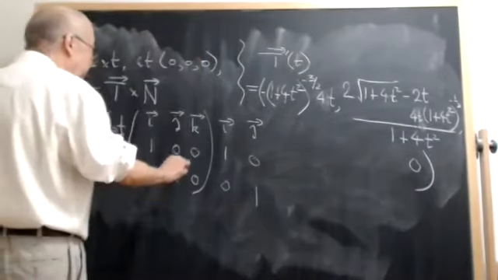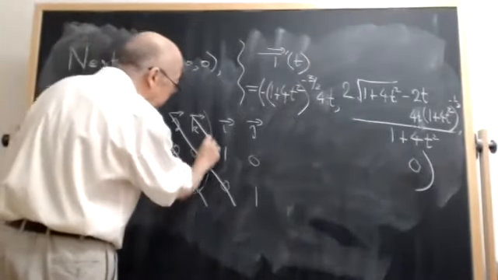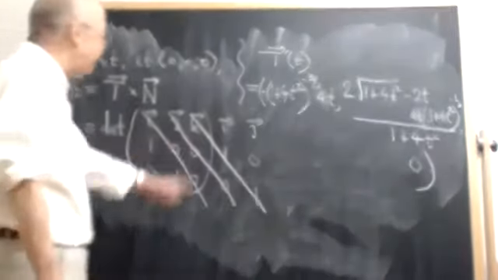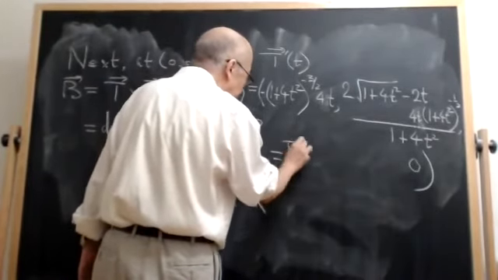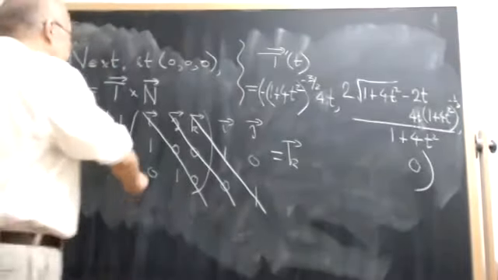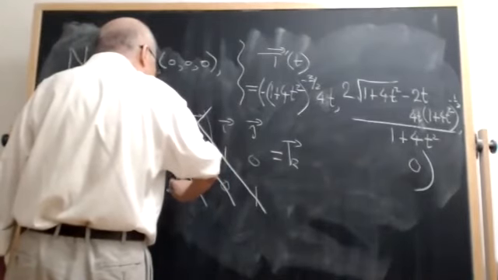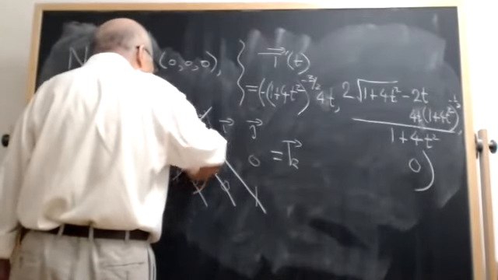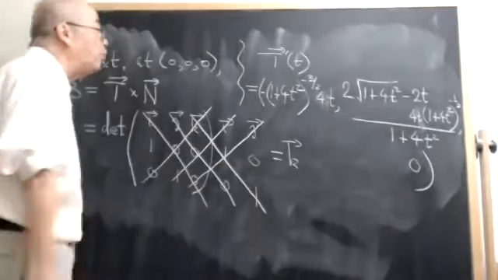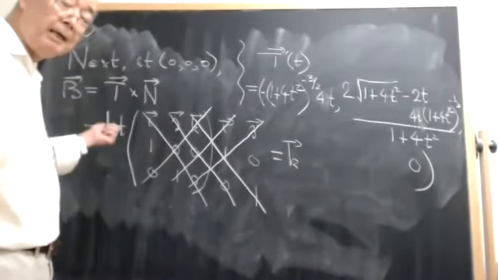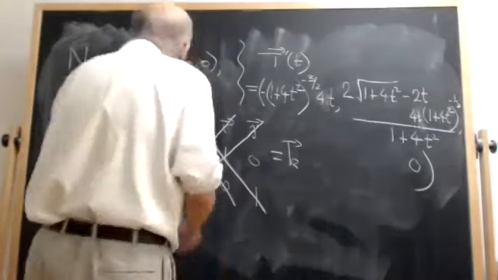And then I multiply like this. So I have k. And then I multiply in the reverse order and subtract. But they are all zero. So we only have k. That's the binormal vector. Okay.